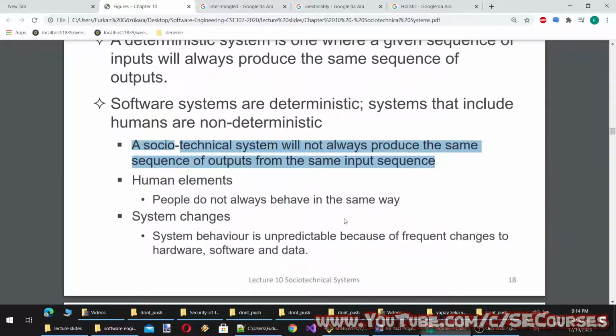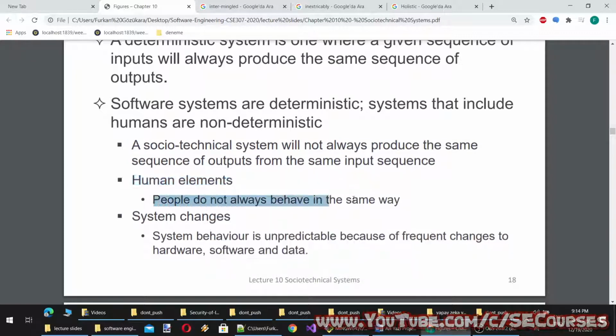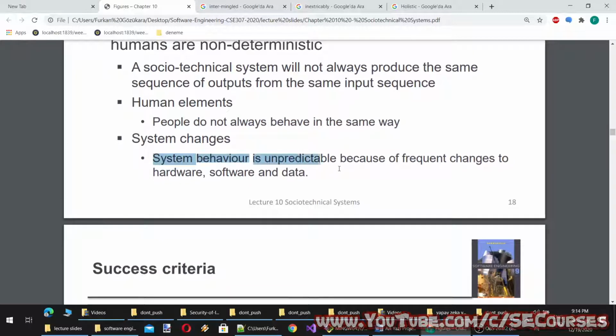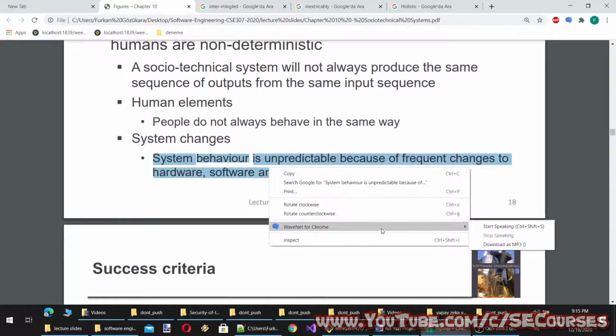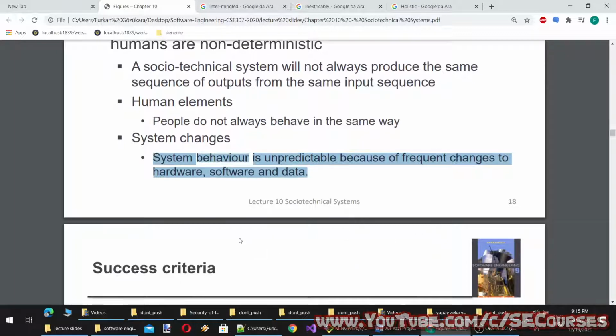A socio-technical system will not always produce the same sequence of outputs from the same input sequence. Human elements: people do not always behave in the same way. And system changes, another thing: system behavior is unpredictable because of frequent changes to hardware, software, and data.